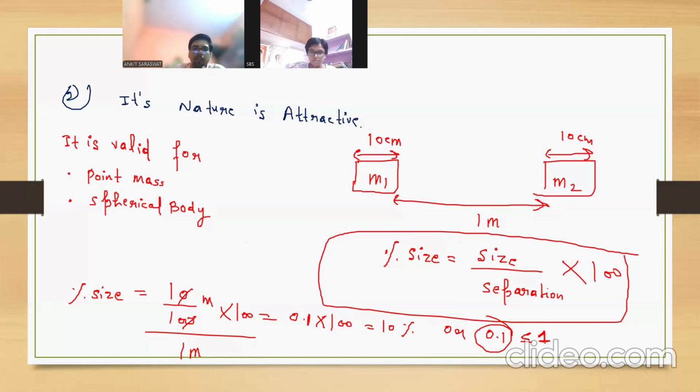In percentage it will be 10%. If you multiply both sides by 100, it should be almost 10%. Clear? Yes, sir.